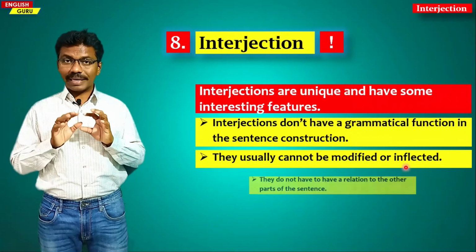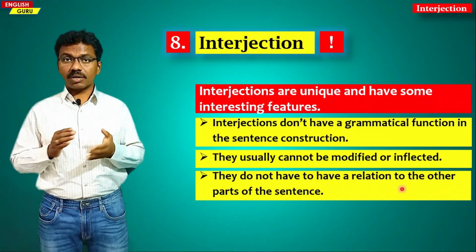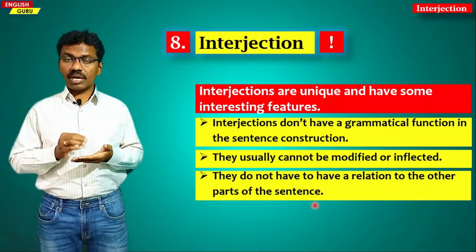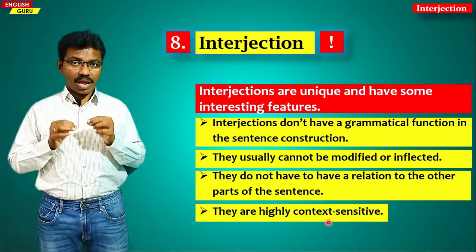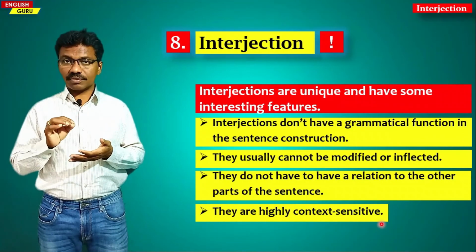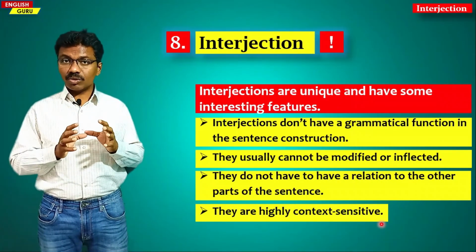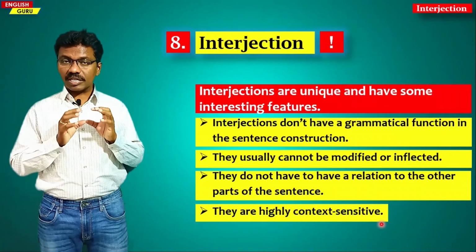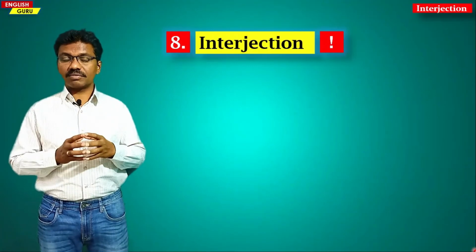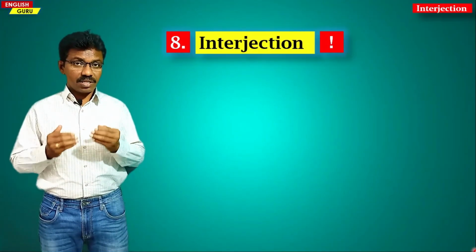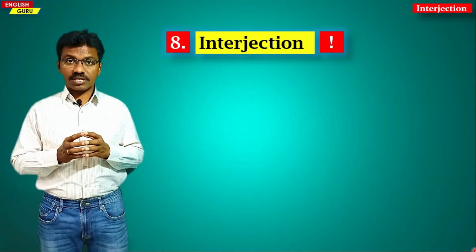We should use them like that only. And the next one, they do not have any relation or any connection with the other parts of the sentence. They are isolated. And the next one is they are highly context sensitive, and you cannot say that it has to be used here. But there are certain rules where we have to use such kinds of words. We have to use those expressions there itself. So interjections have these interesting characteristics or features in English language.